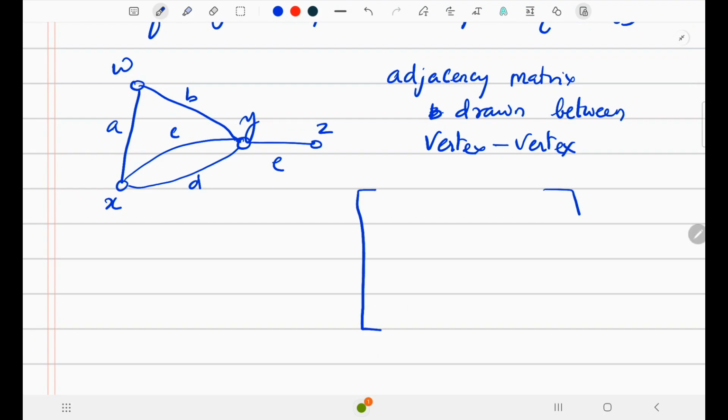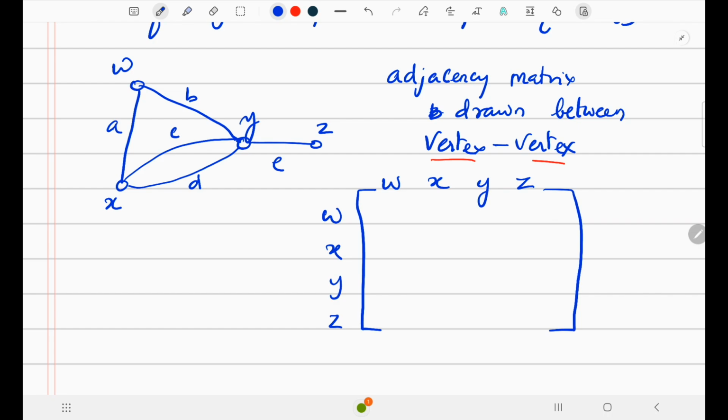This is the matrix. It is vertex to vertex, right? How many vertices do we have? W, X, Y, and Z. And here on the top, the row also has the vertices, and the column also has the vertices, right?